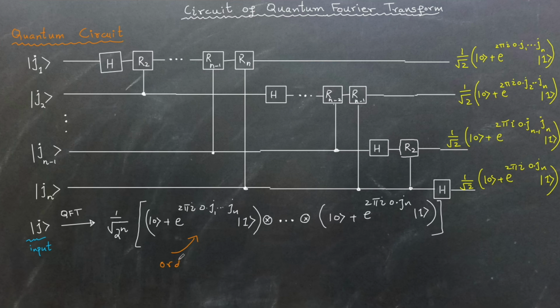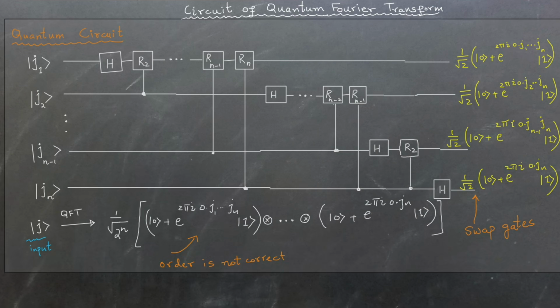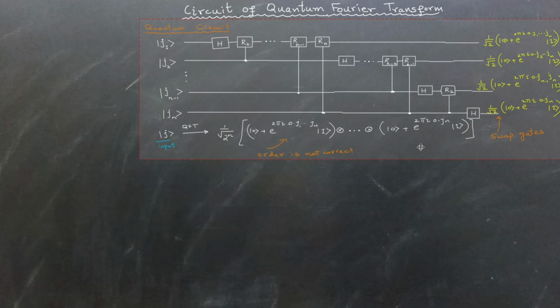The qubits are in reverse order. To correct this and ensure the output aligns with the expected sequence, swap gates are included at the end of the circuit. These swap gates reverse the qubit order, aligning the output with the original input sequence and confirming the correctness of the quantum Fourier transform.